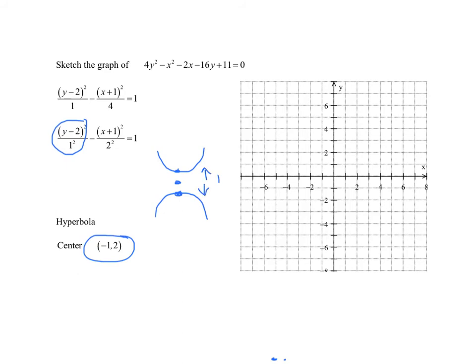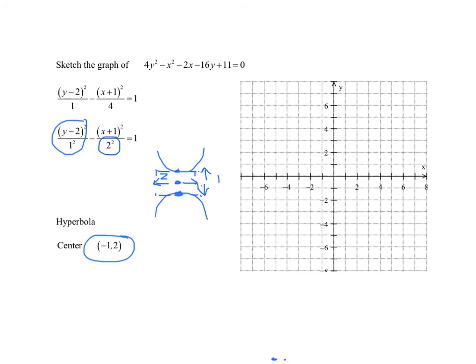And then also this number here is going to help me because I'm going to go out left and right 2 units, and that will allow me to draw my little box to be able to graph in my asymptotes.